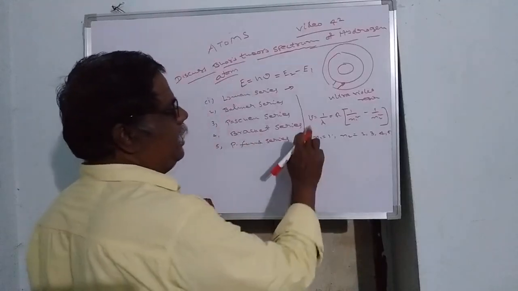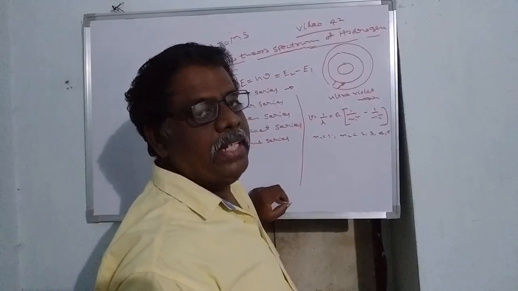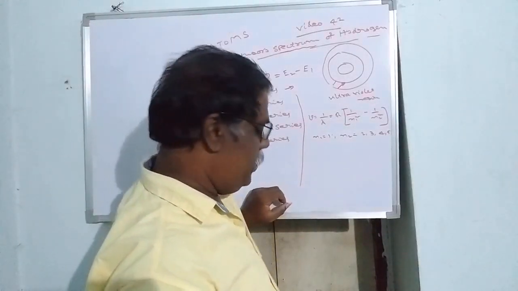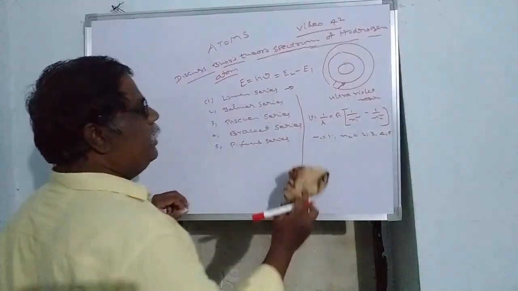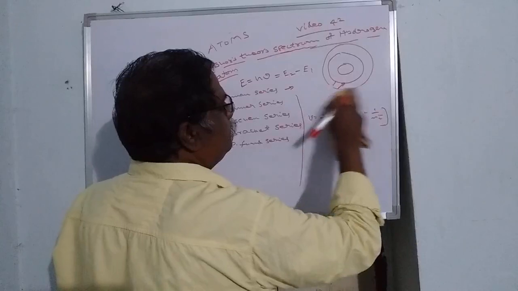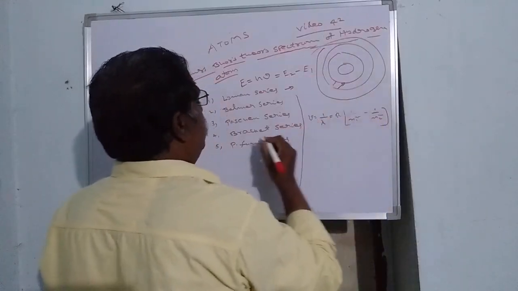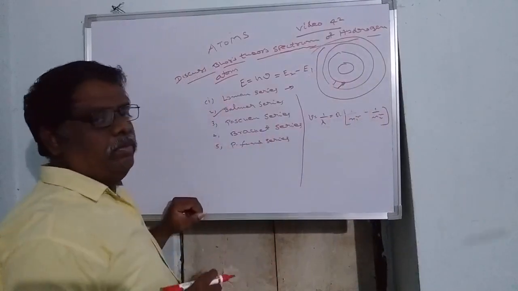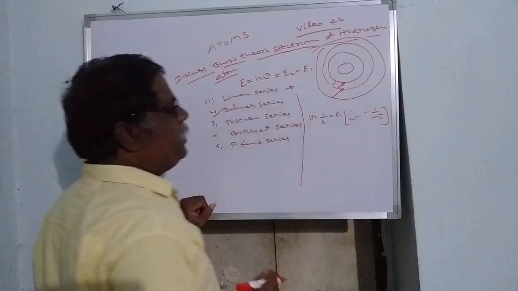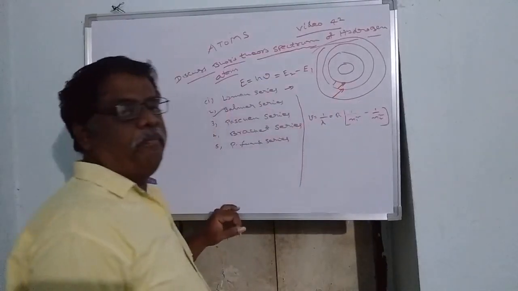The formula for frequency or wavelength, R into 1 by n1 square minus 1 by n2 square. This is the Rydberg formula. R is the Rydberg constant. Next, about the Balmer series. The electron may jump from the outermost orbit to the second orbit.